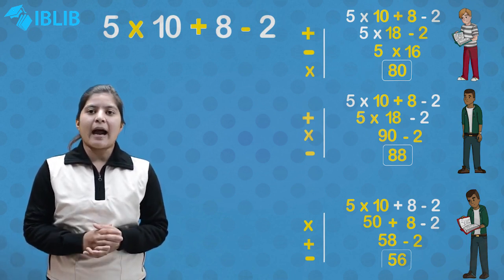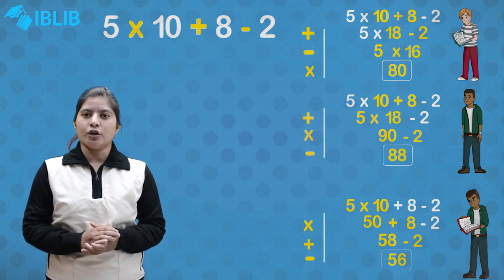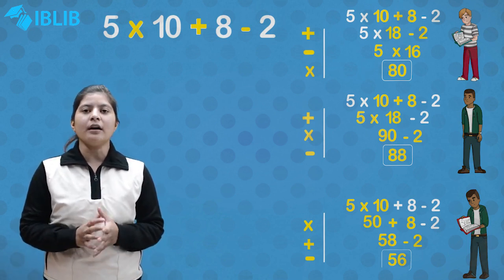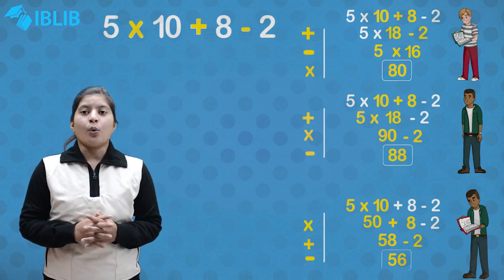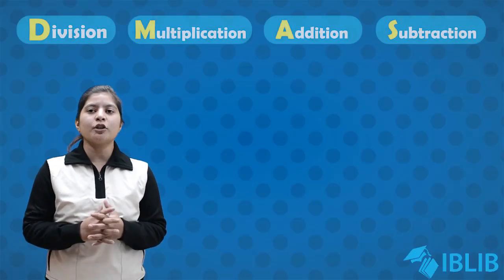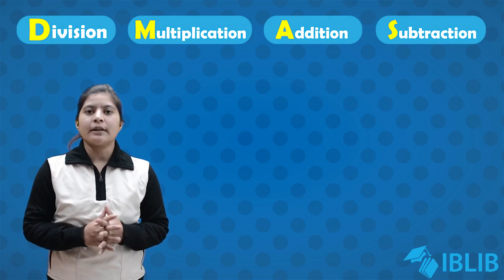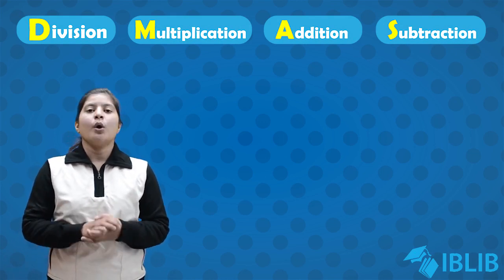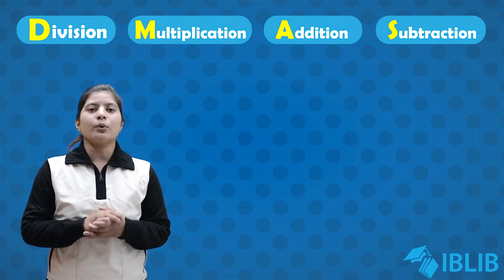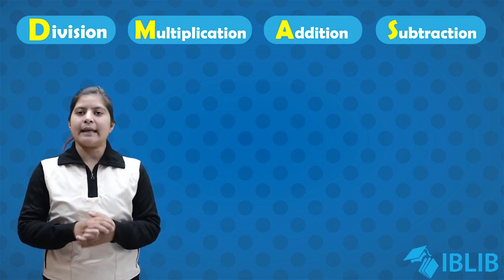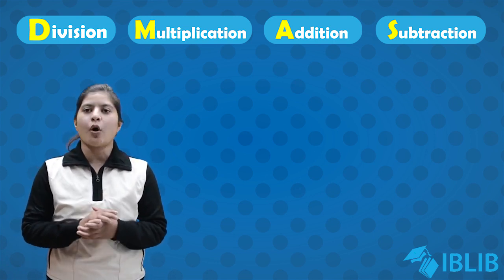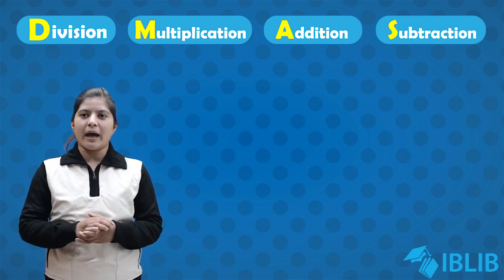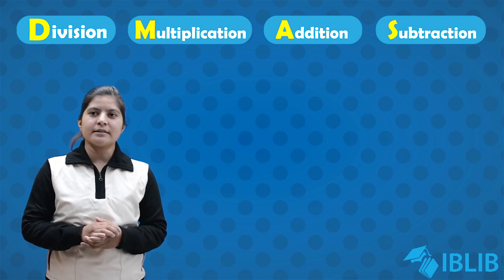This proves that there must be a right order of performing the mathematical operations so that we get a right answer. So, what is the order? The correct order is division, then multiplication, then addition and then subtraction, which means whenever you get an expression which contains all the four mathematical operations, you will first divide, then multiply, then add and then subtract.